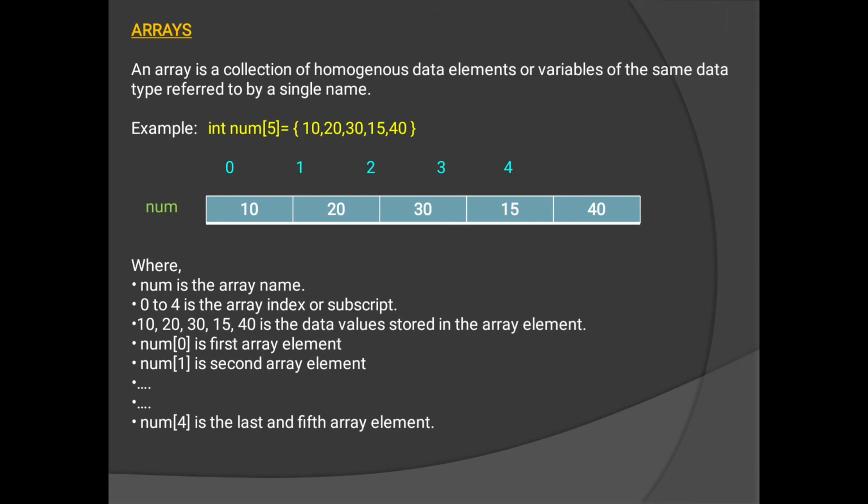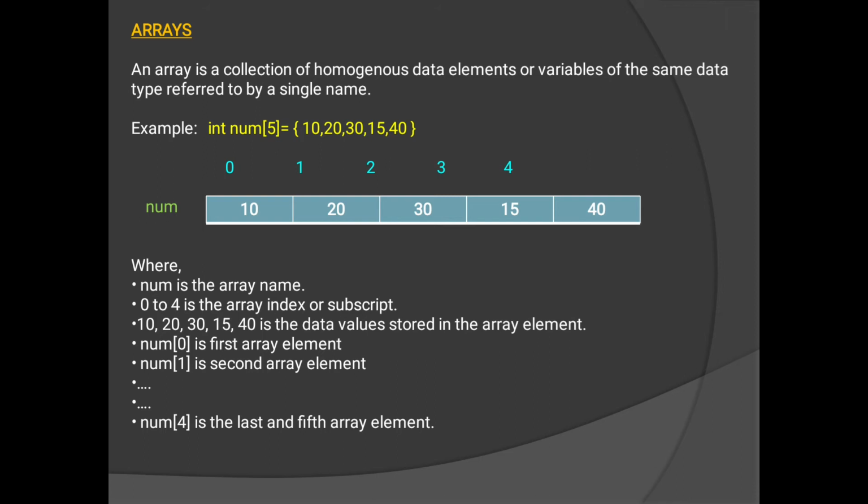That array is assigned the values within the curly brackets: 10, 20, 30, 15 and 40. Since the subscript here is 5, 5 data values are assigned to this particular array.